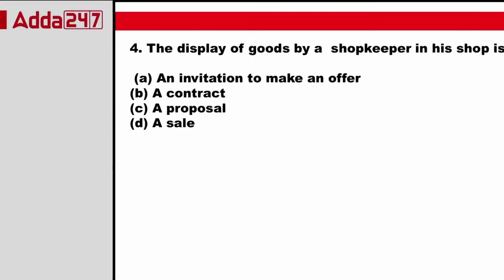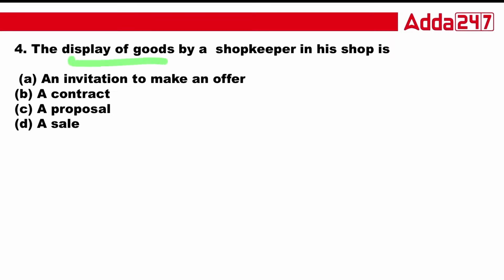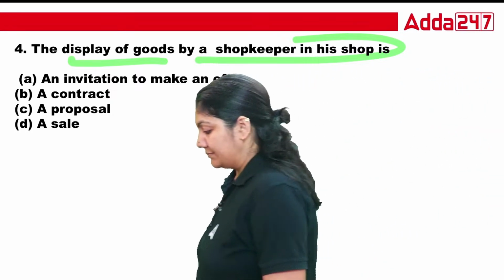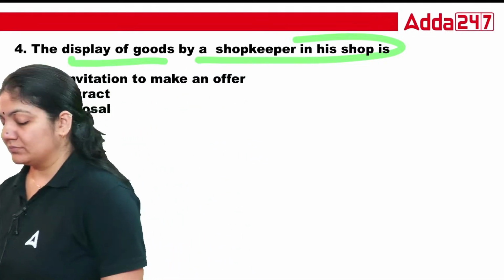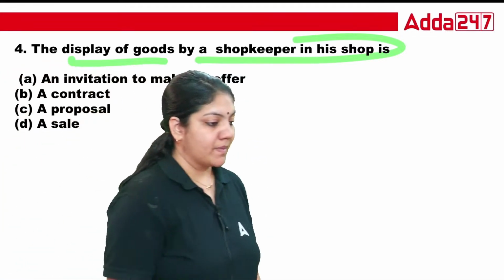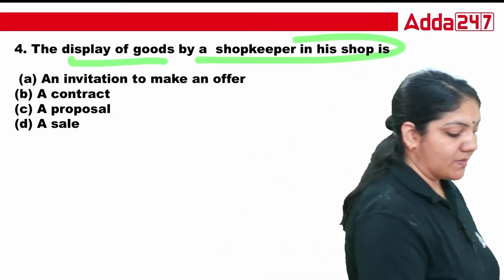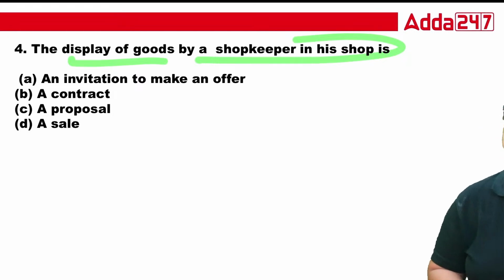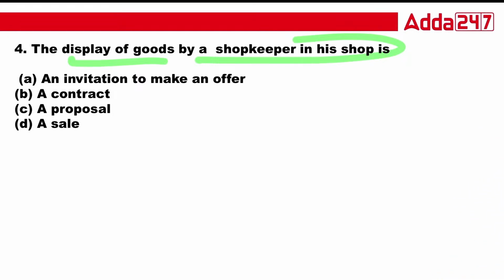Next. The display of goods by a shopkeeper is called what? Invitation to make offer, a contract, a proposal, or a sale. What is the right answer? The display of goods by a shopkeeper in his shop is what? So this, class, is basically an invitation to offer.